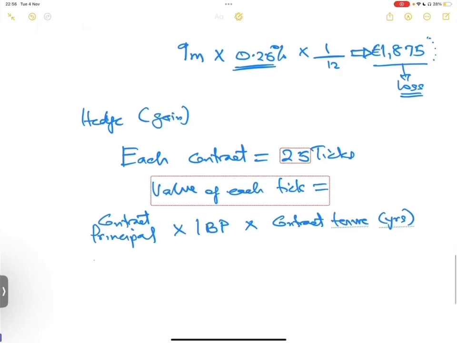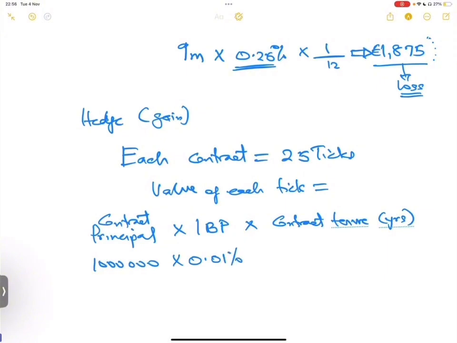The contract principal is 1 million, multiplied by 1 basis point, and 1 basis point, I'm sure you know, is 0.01%.